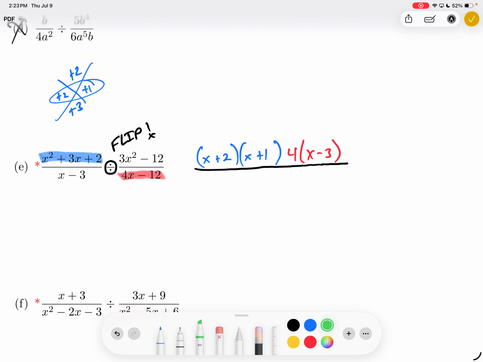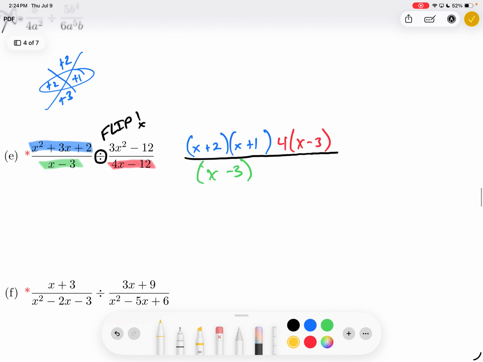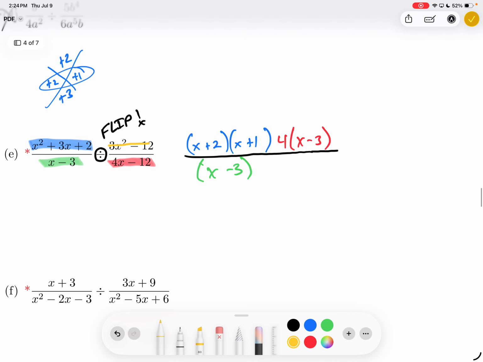Next one, bottom left, x minus 3, I just got to rewrite that. And then bottom right is going to be the top one over here. So if I GCF a 3 out of that, I get x squared minus 4.